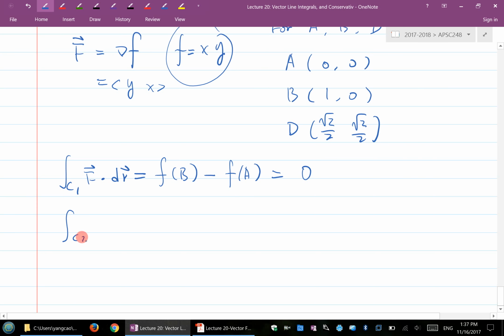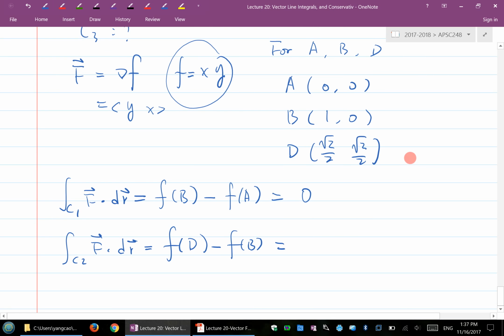The second segment of line integral is f of D minus f of B. So what's f of D? F of D is you replace x and y with root 2 over 2. So you get root 2 over 2 times root 2 over 2 minus f of B. B is 0, and I end up with 1/2.